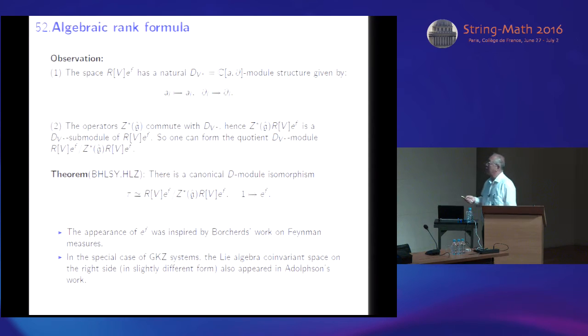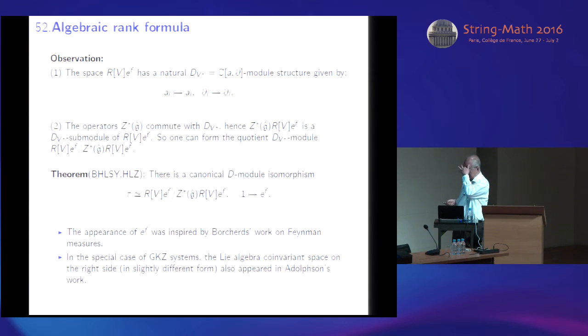Hence, we can look at this space, acted on by this, as a D_V submodule of R_V e^F. So we can form this quotient. This quotient makes things more algebraic, and there's a canonical D-module isomorphism between the tautological system and this quotient space, given by the map 1 to e^F. The appearance of e^F was actually inspired by Borcherds' work on Feynman measures.